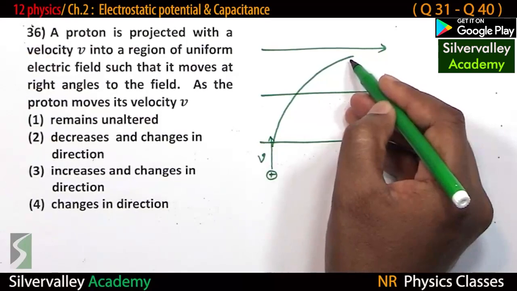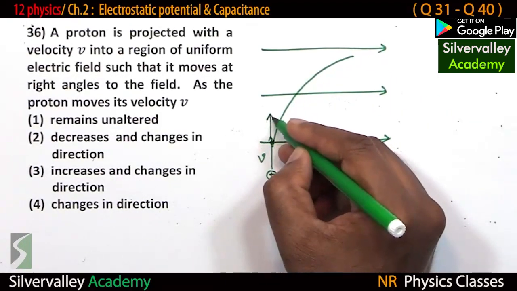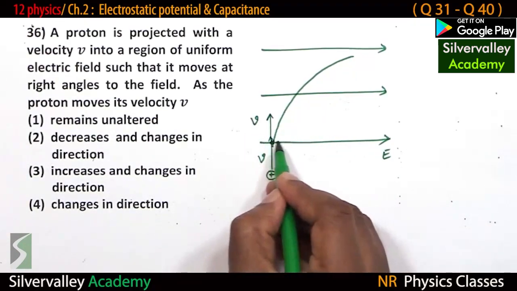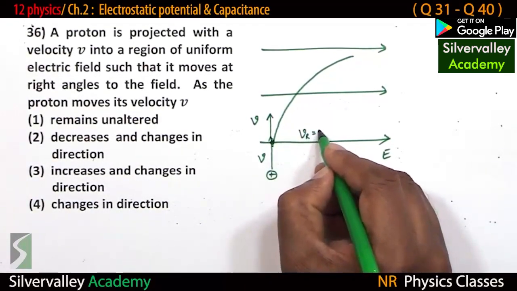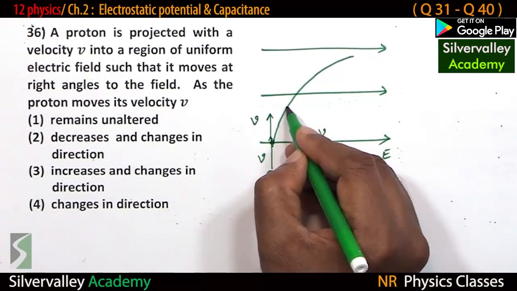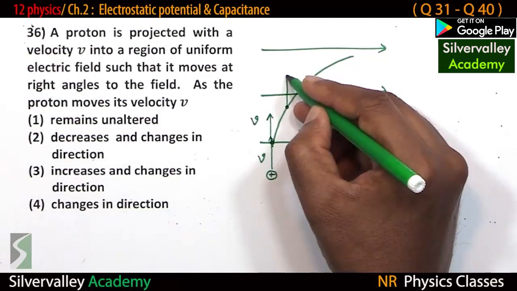When it takes this path, at this point, this is the velocity with which proton is thrown. Horizontal component of velocity is 0. Therefore, resultant velocity equal to v. Now consider this point. This v is unaffected.